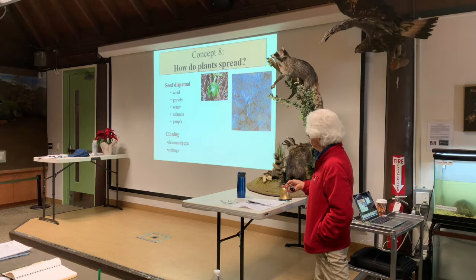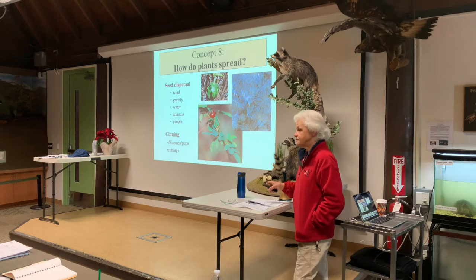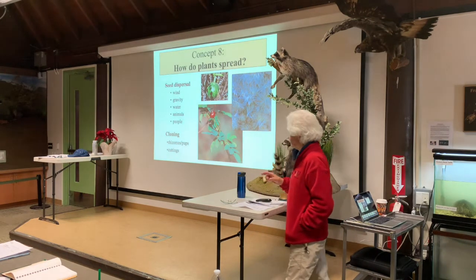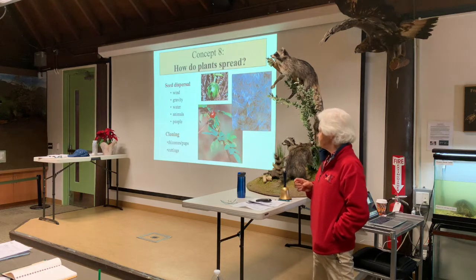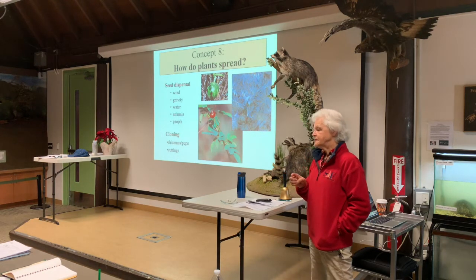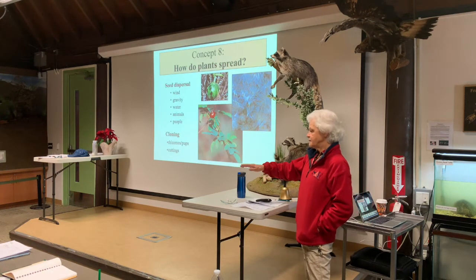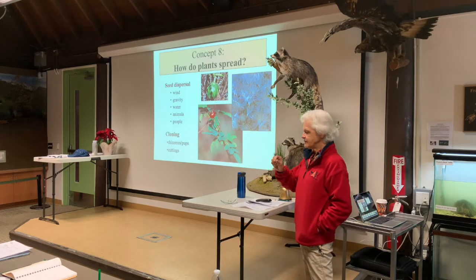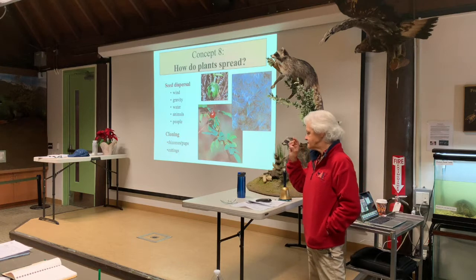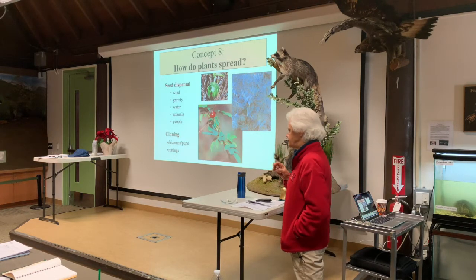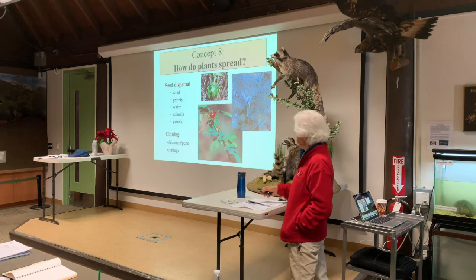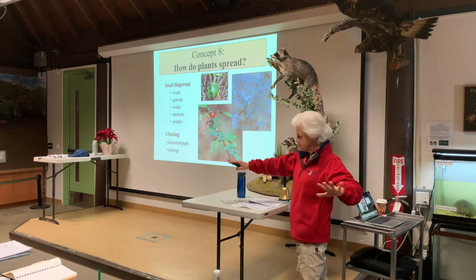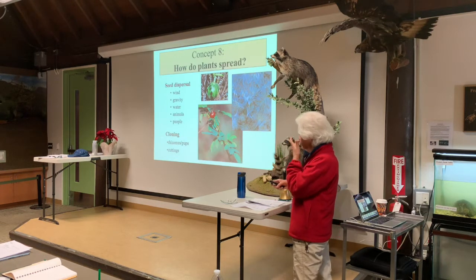And the other is cloning that we spoke of. They have rhizomes and pups. Rhizomes are roots that are barely in the ground. They have maybe an inch of dirt above them, but they go horizontally out.